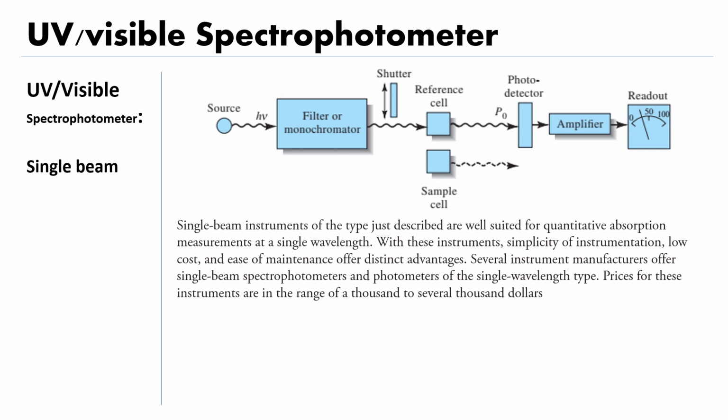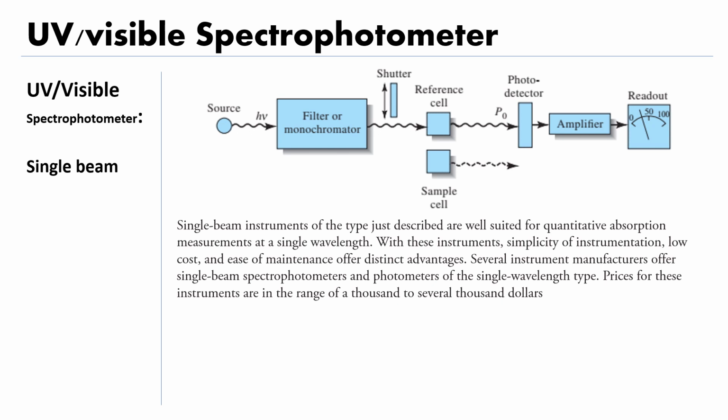Single beam instruments are only suited for quantitative absorption measurement at a single wavelength. Single beam means a single wavelength, and there is only one sample holder or cuvette holder, so we can make readings one by one.